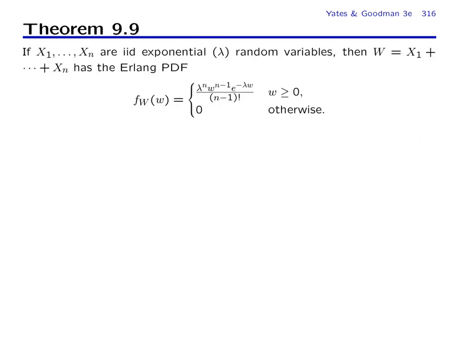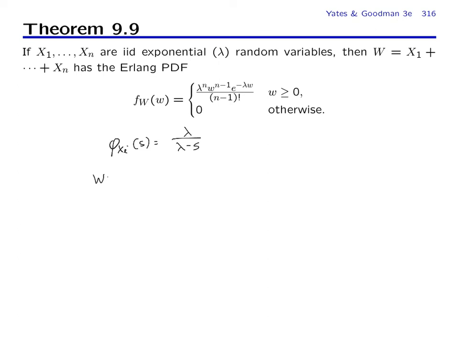Another result of this type is that if x1 through xn are IID exponential lambda random variables, then the sum W of x1 through xn has the Erlang PDF. In this case, each xi is exponential, and we already derived the exponential moment generating function, phi xi of s is equal to lambda over lambda minus s.